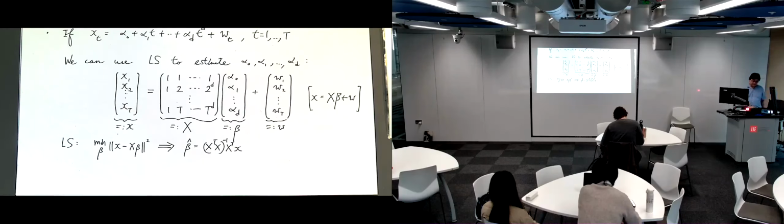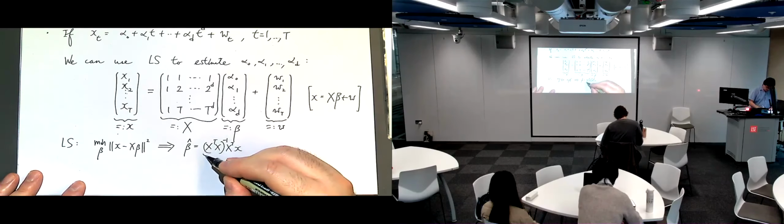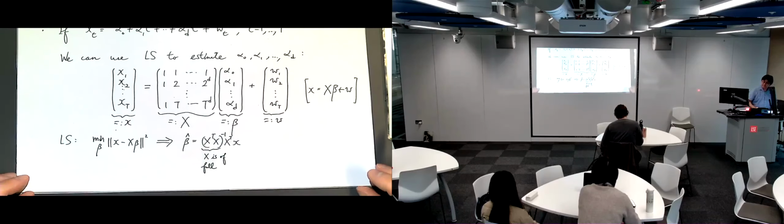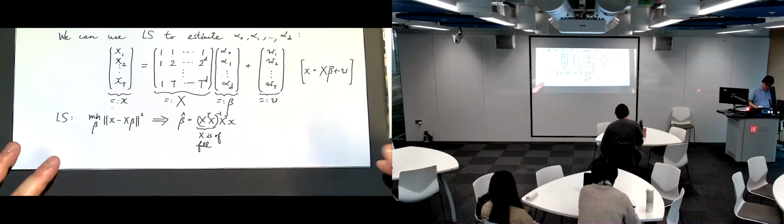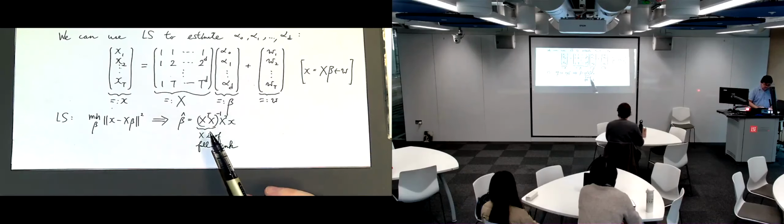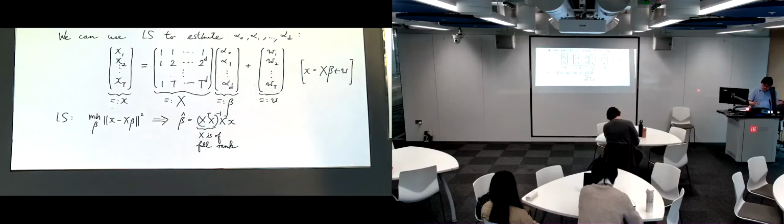So that's the formula. Of course, we basically assume X is of full rank. If X is of full rank, then X transpose X is of full rank, and a full rank matrix is invertible.